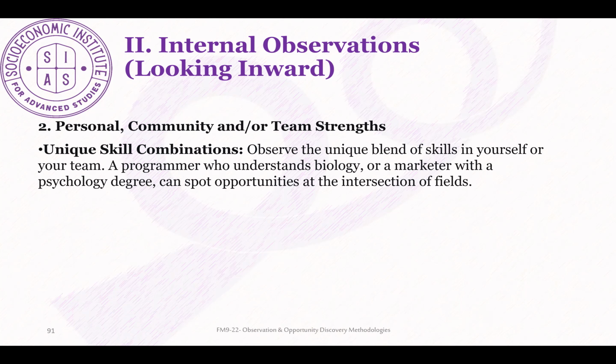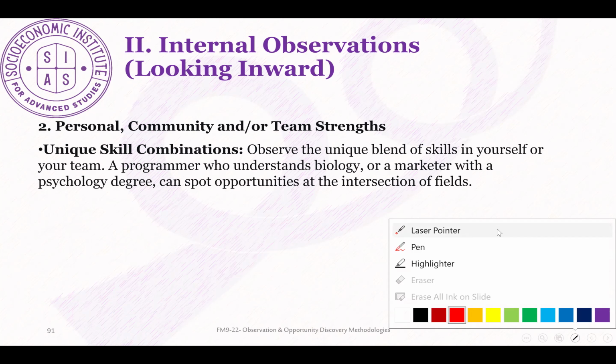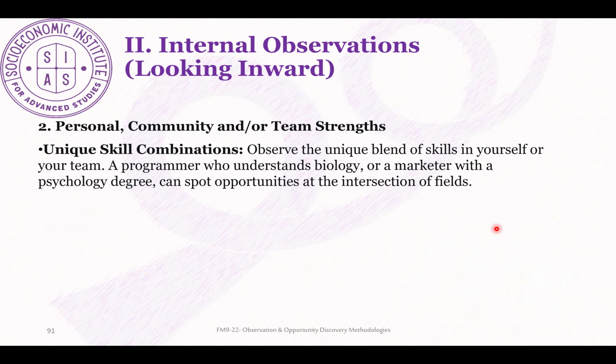Therefore, we need to observe and understand, for example, the biology or the psychology of the people who are working on a certain product or living in a certain style. And then we spot opportunities at the intersection of these fields.